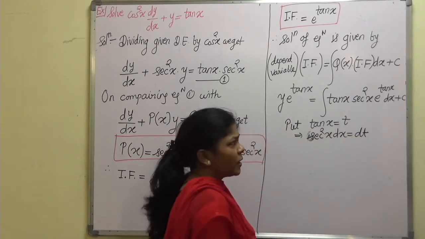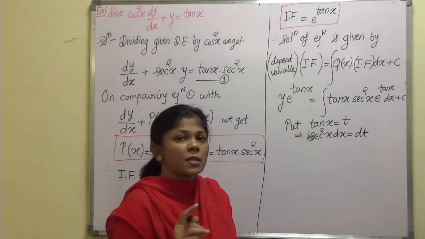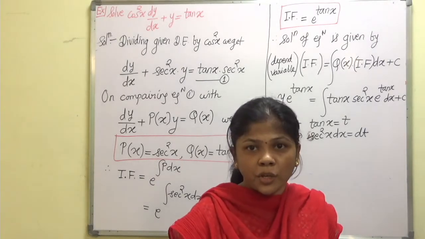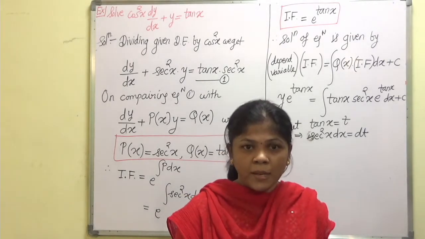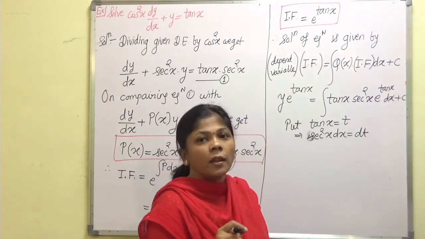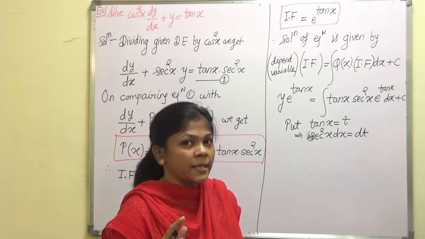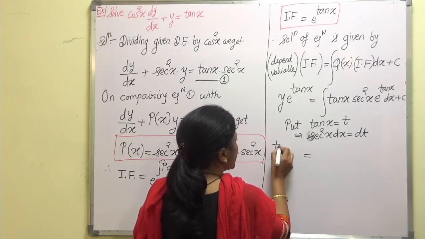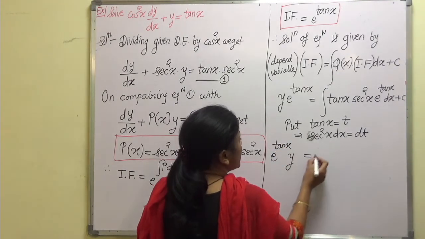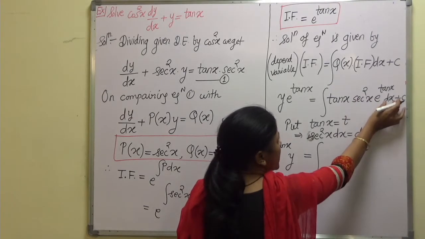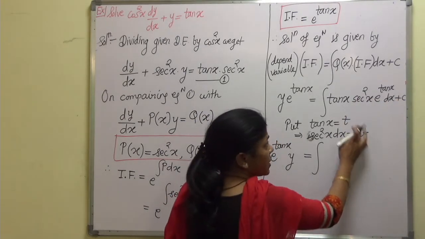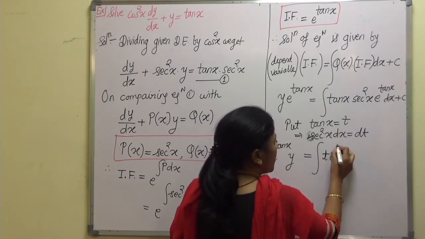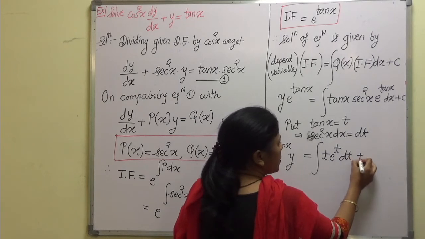Remember, I am doing this substitution just for solving the integration. It should not be used on the left hand side. Keep this in mind. So this becomes e raised to power tan x into y as it is, equal to integration of sec square x dx is dt, tan x is t, so t e raised to power t dt plus c.